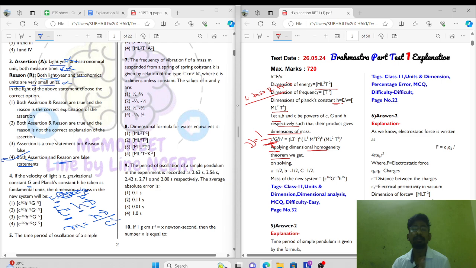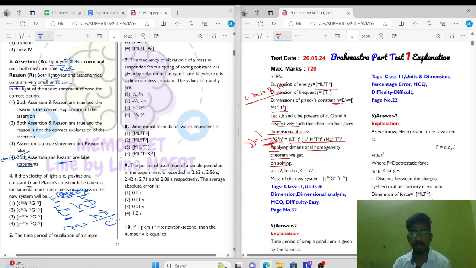Third, if they are multiplied or divided, the dimensions are also multiplied or divided. You have to remember these three for dimensional homogeneity. So from dimensional homogeneity, if you solve this, with c to the power a, G to the power b, h to the power c, and you put this in, what will you get?